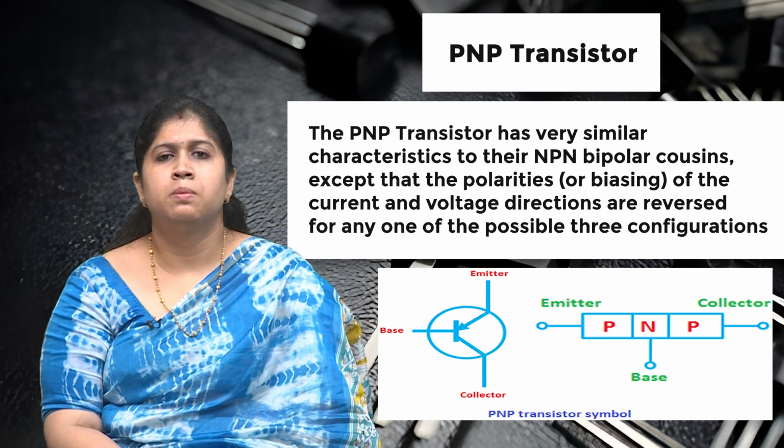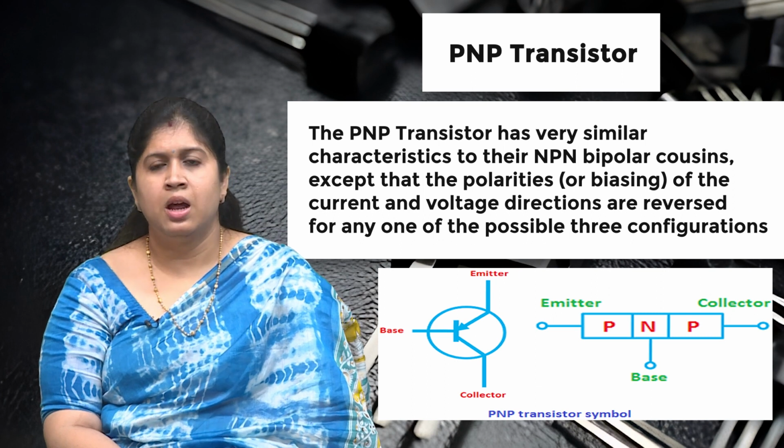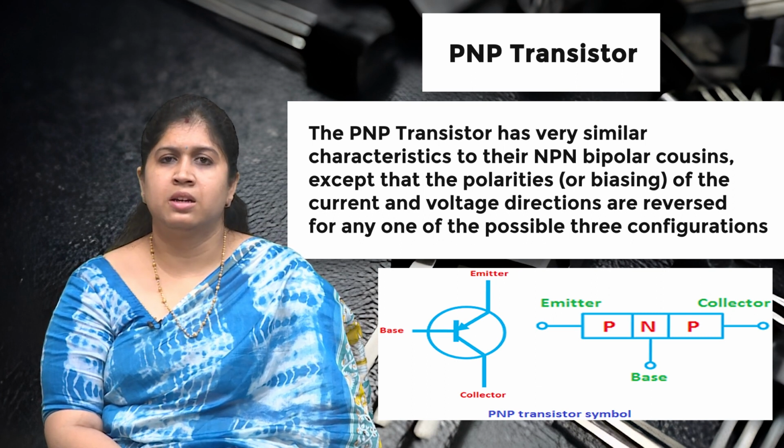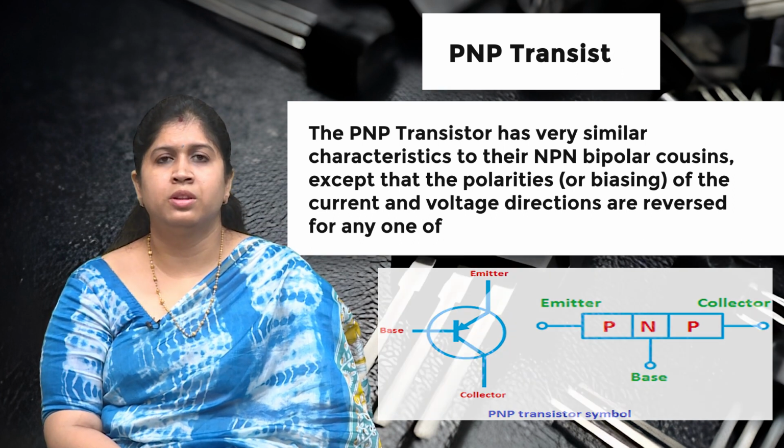In this figure, PNP transistor symbol, the leftmost side is the emitter and the rightmost side is the collector, and the thin layer base is N. The symbolic representation is also shown in this figure.